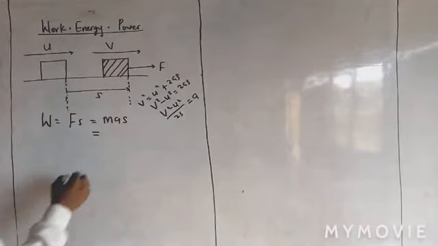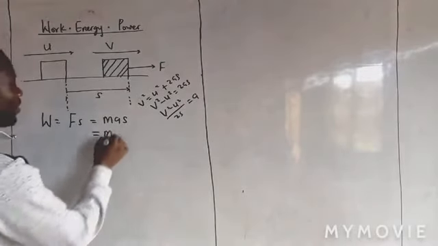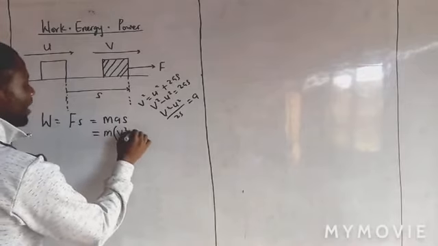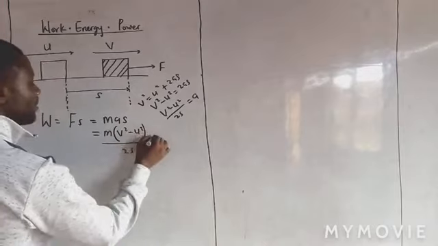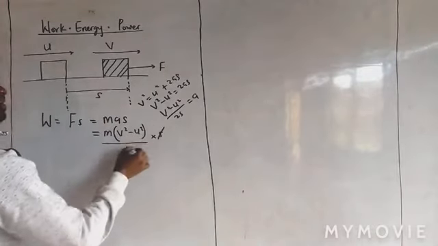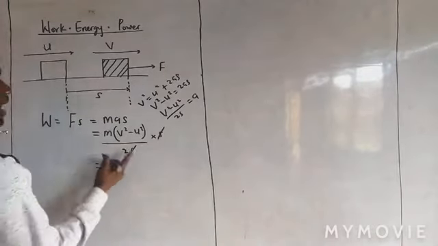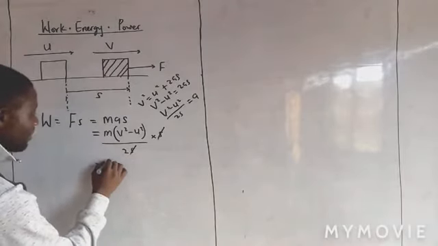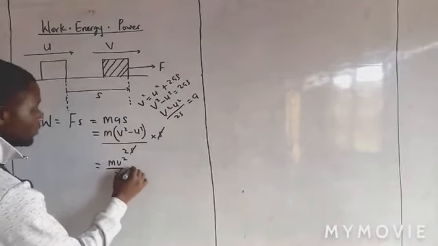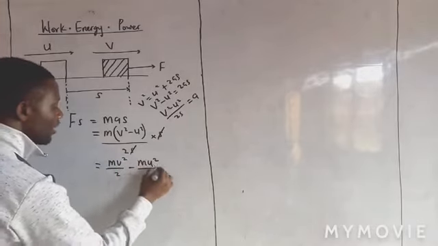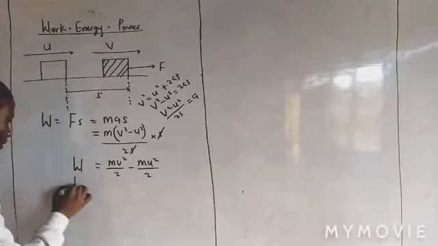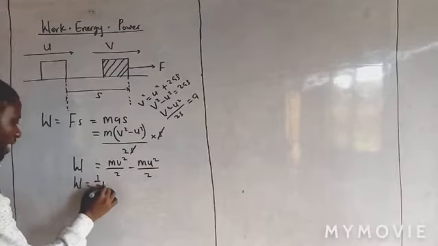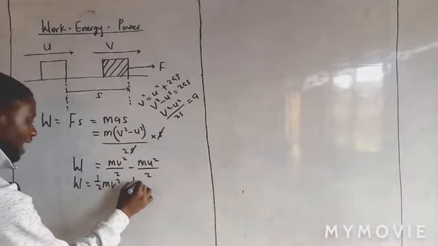As a result, I have m open bracket v square minus u square over 2s, multiplied by s. This s will cancel this s, and we have mv square over 2 minus mu square over 2. This is work. If we rewrite this, w is equal to half mv square minus half mu square.